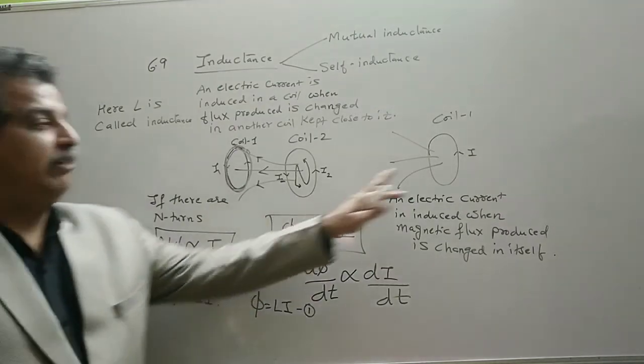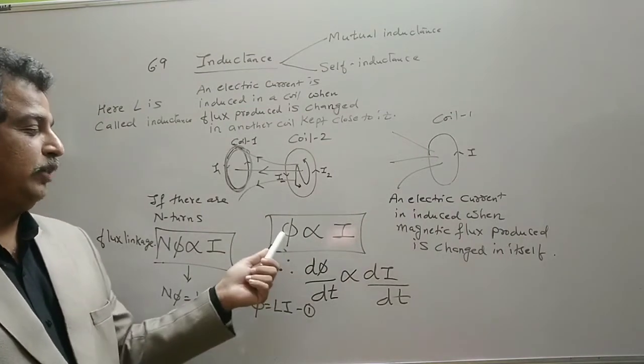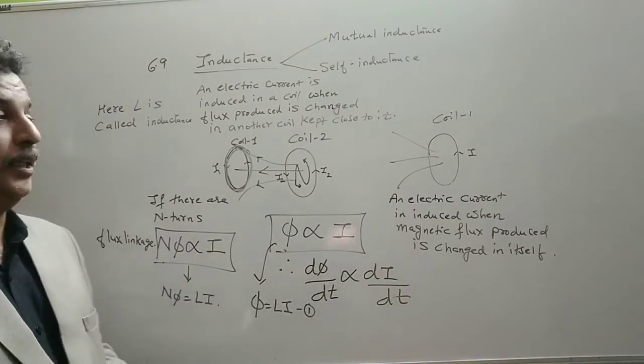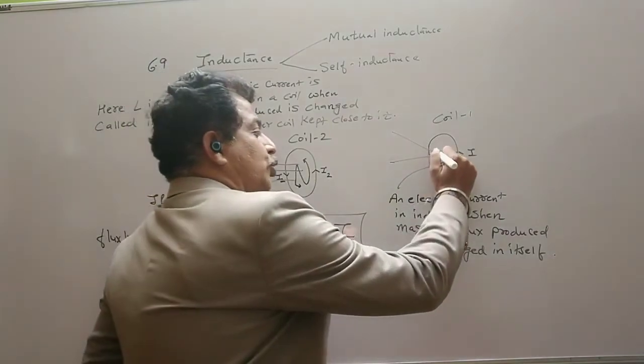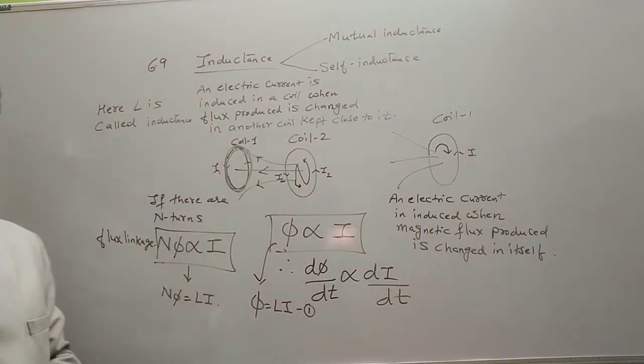Otherwise, if we have a single coil, then there is no need to write phi 1, phi 2. It will be phi directly proportional to I, but an induced current will be produced opposite to the applied current. It always opposes the change. So we will see that self-inductance also.